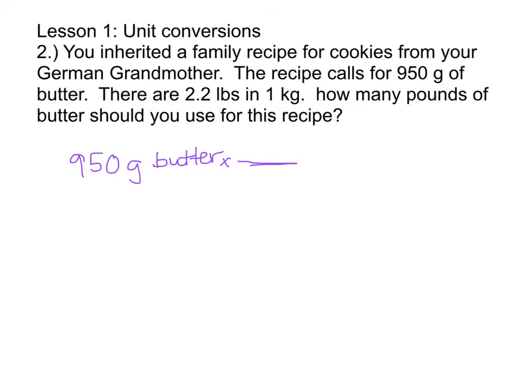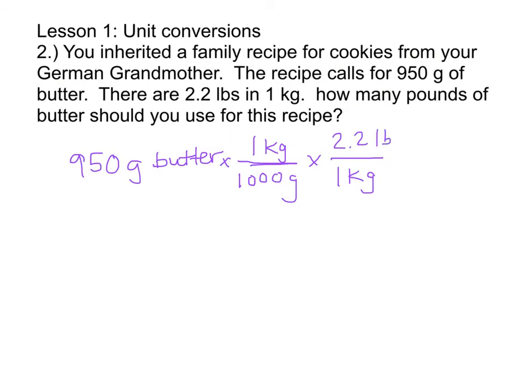So we're just going to put 1,000 grams in the denominator so that our grams cancel out, and 1 kilogram in the numerator. There's 1,000 grams and 1 kilogram. And next, we're going to convert from kilograms to pounds. So in 1 kilogram, there are 2.2 pounds.